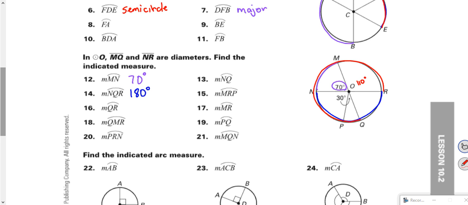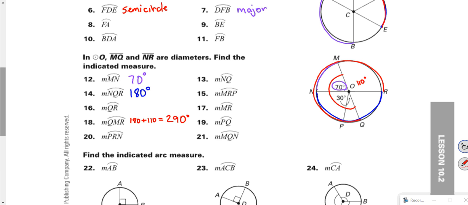Because 70 plus 110 would give me my 180. So we could do from here to here is 180, and then plus 110. So 180 plus 110 gives me 290 degrees. That's where that comes from. I hope you guys can see that.